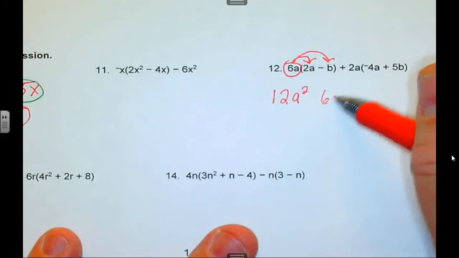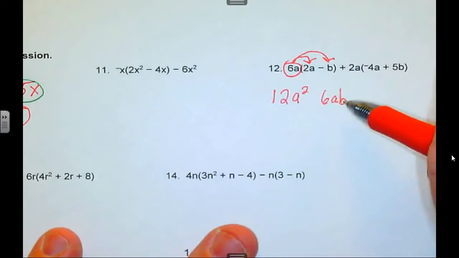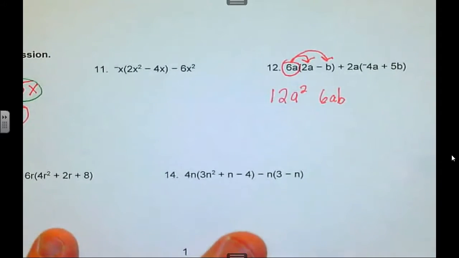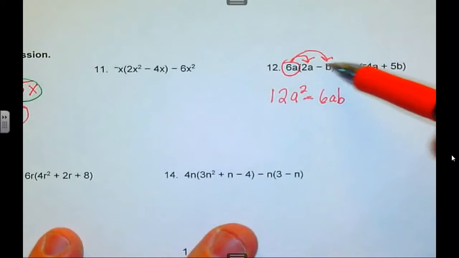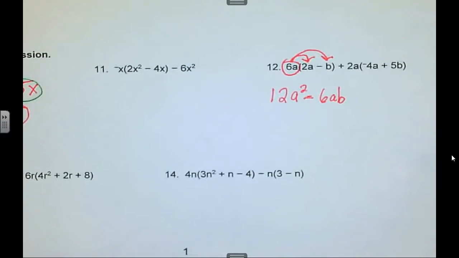Yep, 6ab. What sign do I have? Minus, right? Positive 6a times a negative b. Positive times a negative is minus.